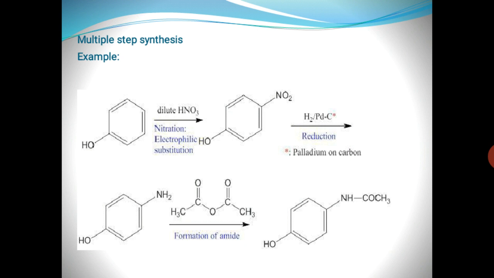This para-nitrophenol, in presence of H2 and Pd/C, undergoes a reduction reaction. Pd/C means palladium on carbon, and this para-nitrophenol gets converted into para-aminophenol. Here the NO2 group is replaced by the NH2 group. This para-aminophenol, in presence of acetic anhydride, forms an amide compound.